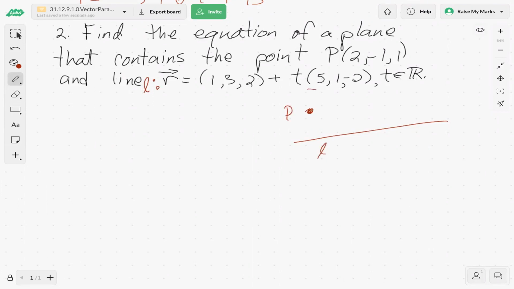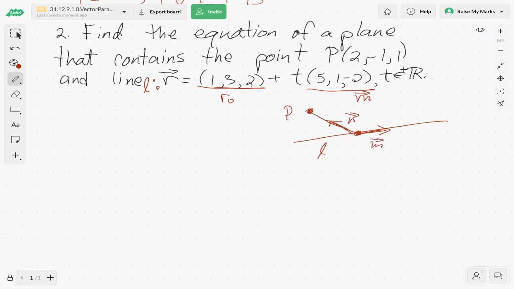Well, our line gives us 1, so let's call that M. We have 1 direction vector, but we need a second one. How can we get a second one? Well, we have a point. Let's call this point R0 on our line. What if we find the direction between our point on our line and our point P? Let's call that direction vector n. Then we'll have two direction vectors.